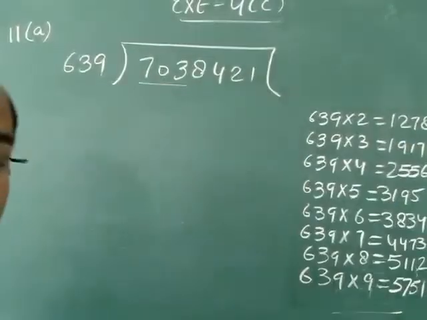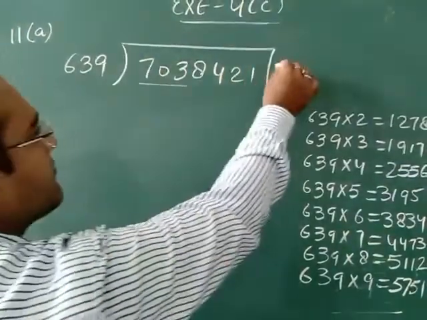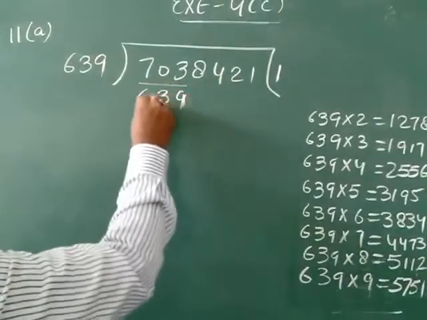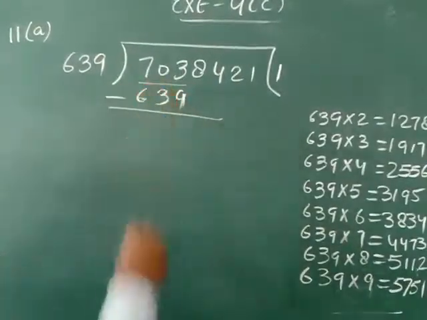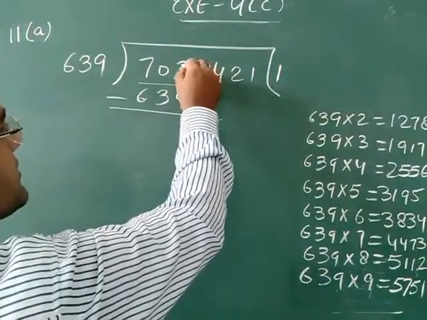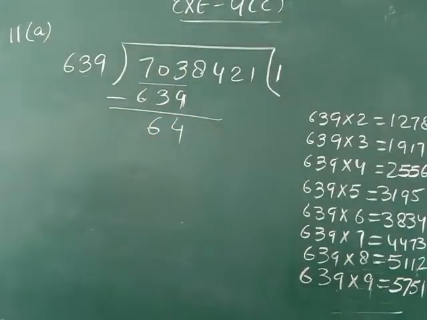But here it is 703. So 1278 we will not take. We will take 639 1 ja, 639. Now we will subtract these numbers. On subtracting we will get 64.